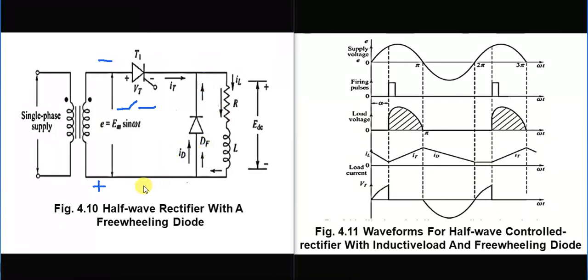Now the current will flow through this diode. And this current which is flowing through the diode will try to cancel the back EMF generated with the load during the positive half cycle.